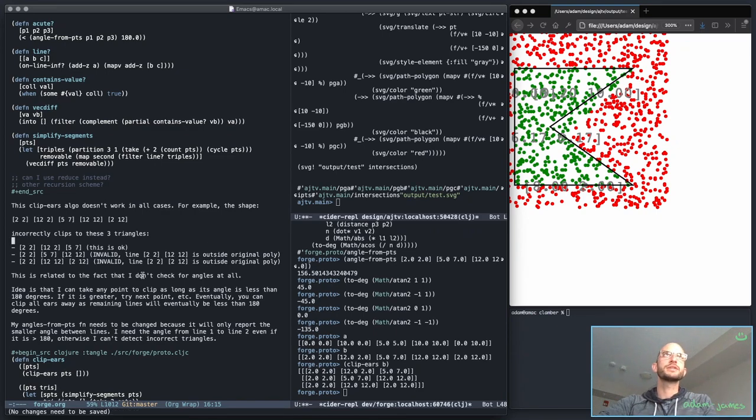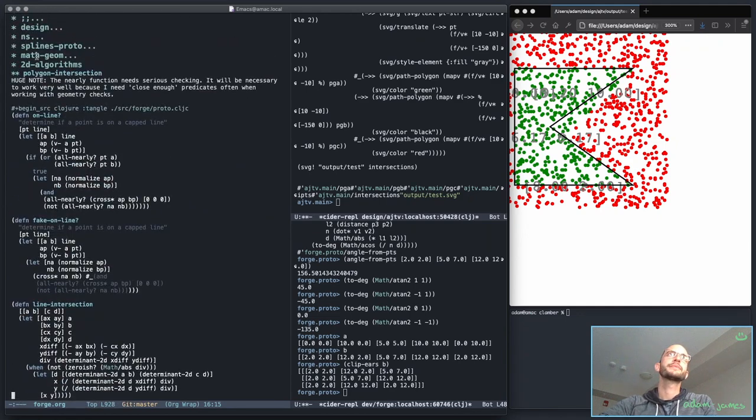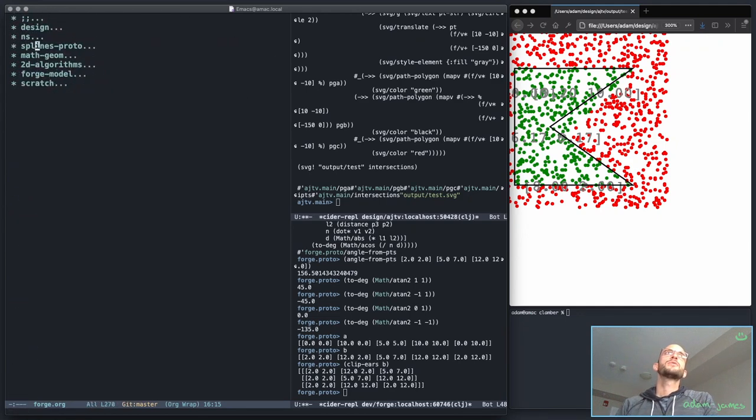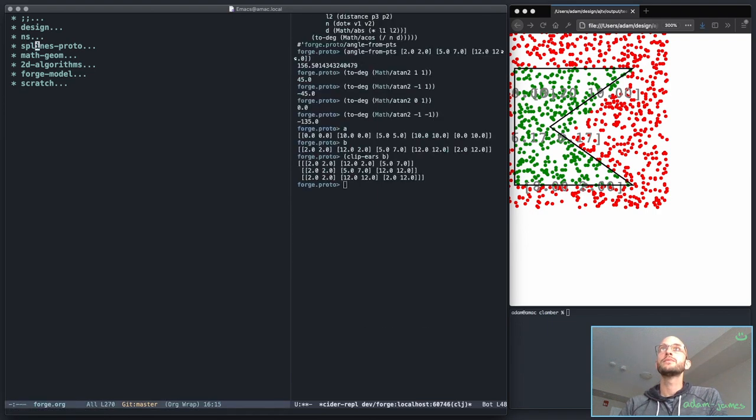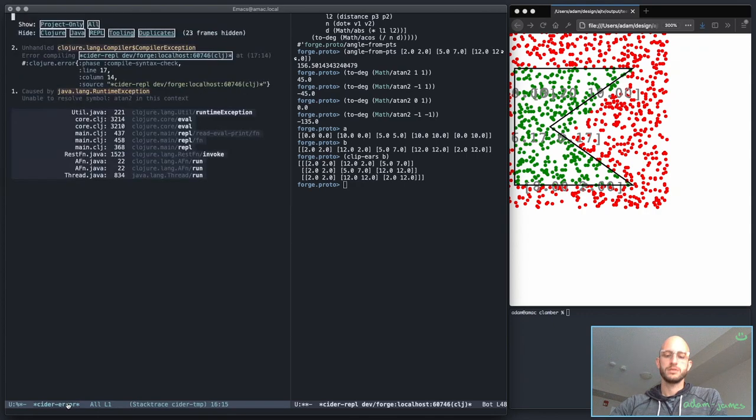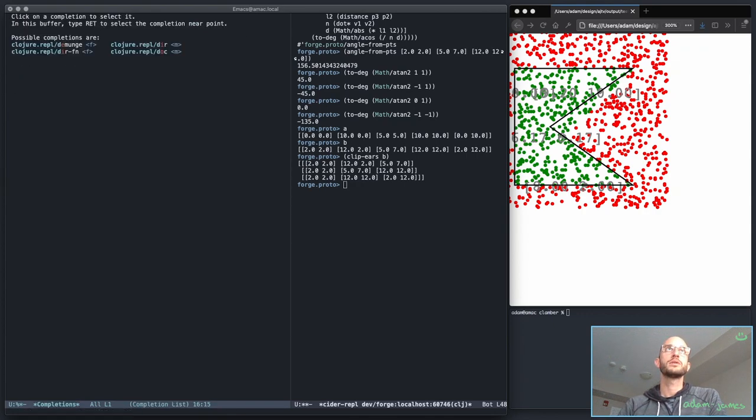All right, let's just kind of go through this document for a minute and have a look at some things I can clean up. Let's also kill this REPL for now. Okay. Let me kill that one.